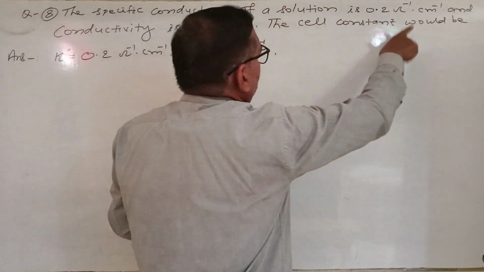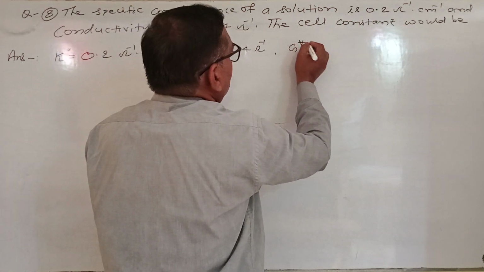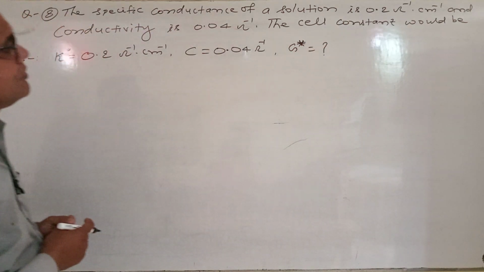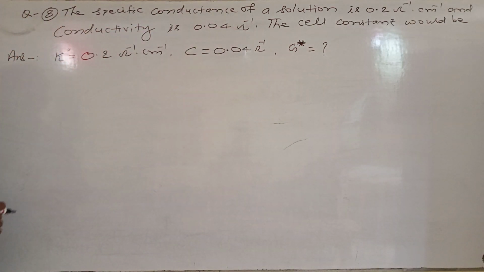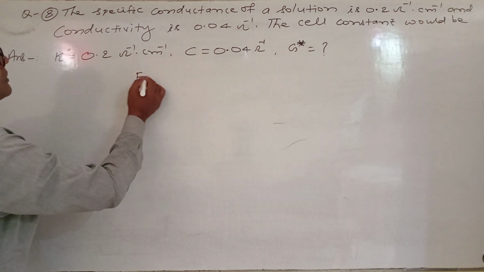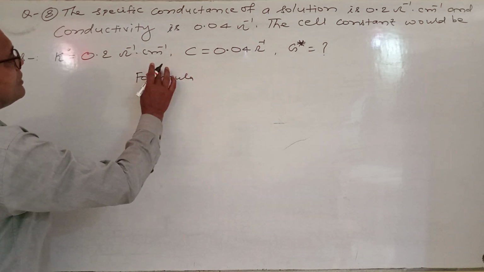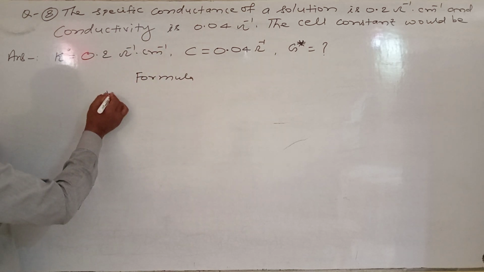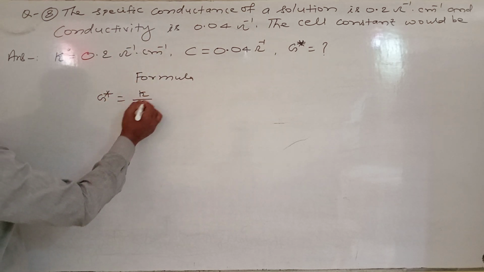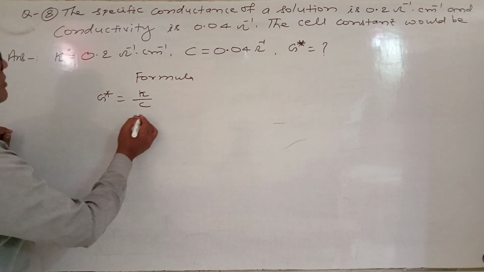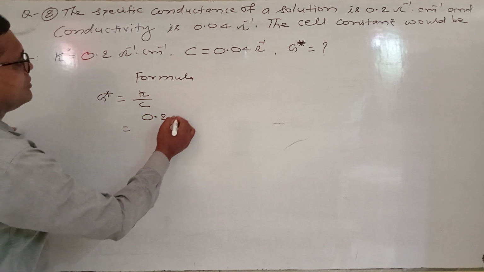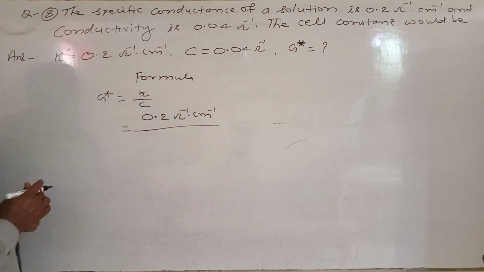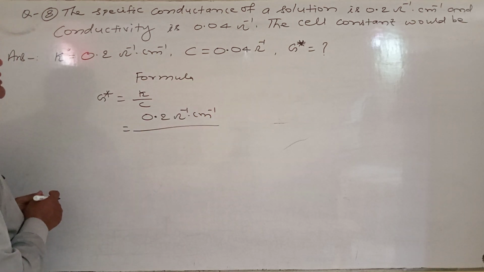The cell constant would be, the symbol of cell constant is G star. Here we write G star is equal to what? We write formula in which these are present. G star is equal to kappa upon C. The value of kappa is equal to 0.2 ohm inverse cm inverse.